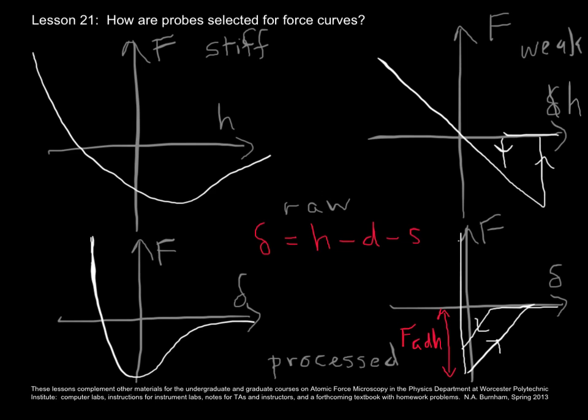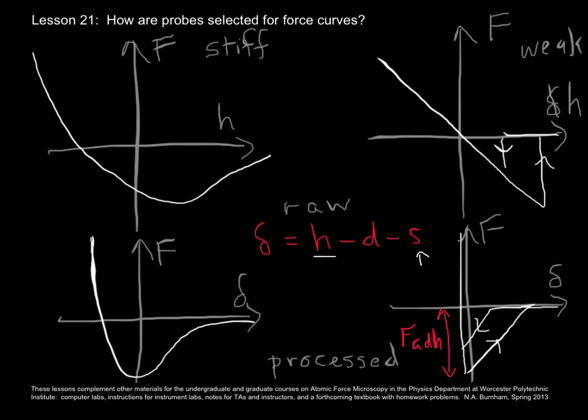But before we go on and talk about what your best choices might be for a probe if you want to do force curves, there's one more thing I want to add to Lesson 20. I was talking about how the scanner position was represented by H, either scanner height or cantilever holder, and we used S as an offset for the sample surface.